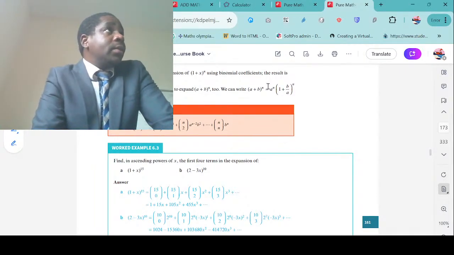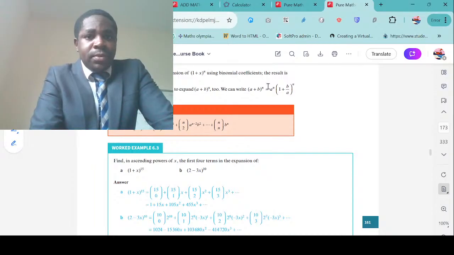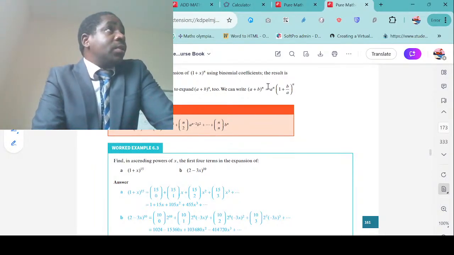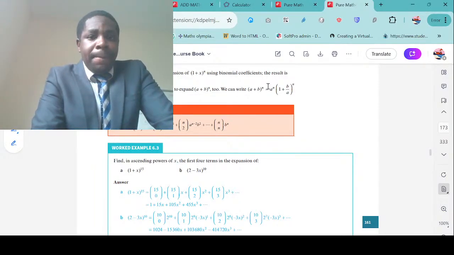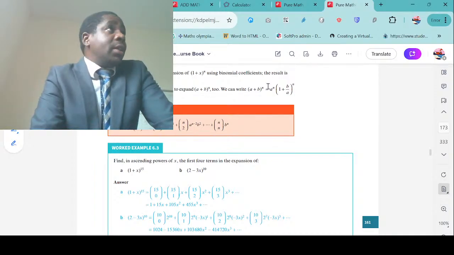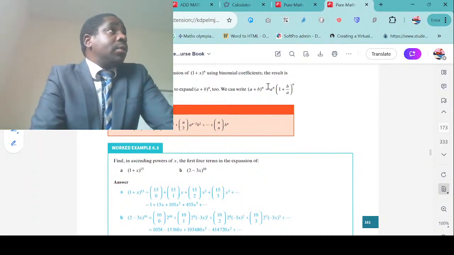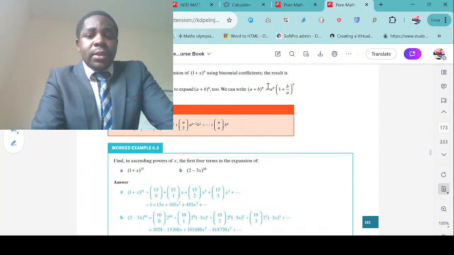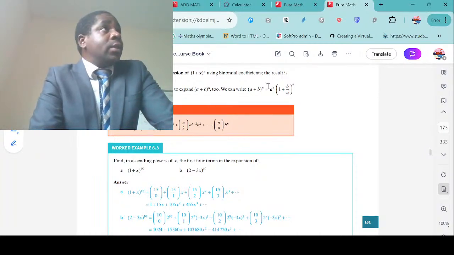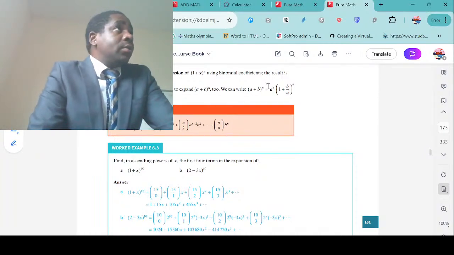Hello, Penny. I was asking you a question. If you have an expansion of 1 plus x raised to 15, and you have to find in ascending powers of x the first four terms of that expansion, how do you go about it? Just give me an explanation.